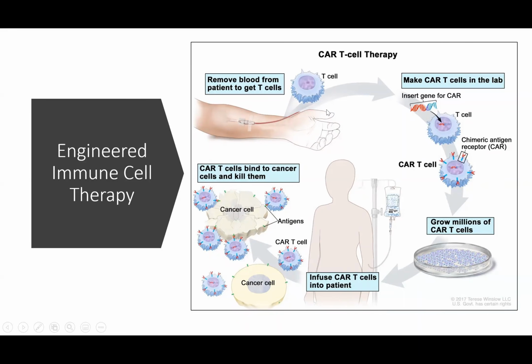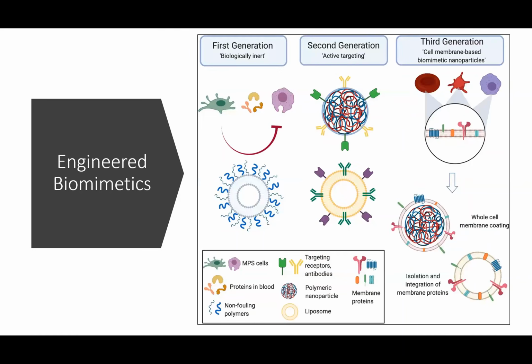We can also use some engineering tools like nanomedicine to engineer the surface of T cells, not only induce the expression of CARs. This we'll also study in detail. Also, we can make what we call biomimetics. So, for example, with a nanoparticle, we can decorate the surface of the nanoparticle with some antibodies, and we can also decorate the surface of nanoparticles with cell membrane proteins isolated from immune cells.